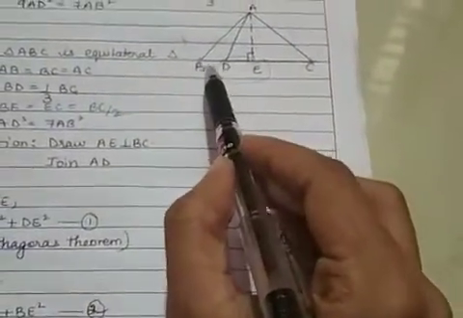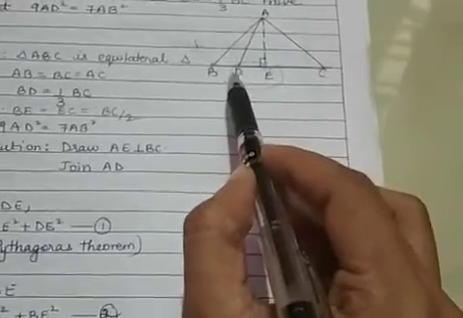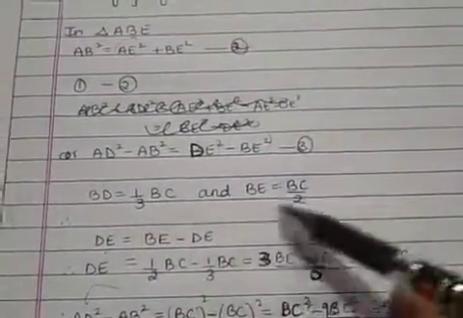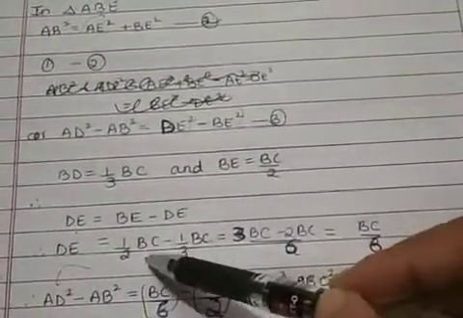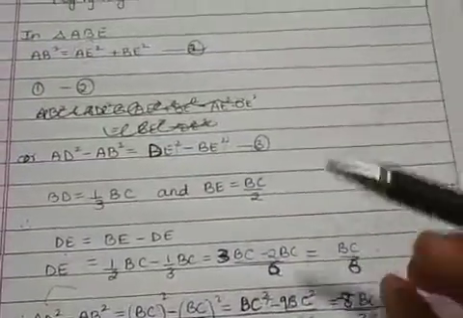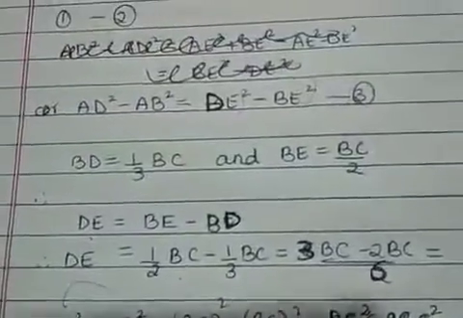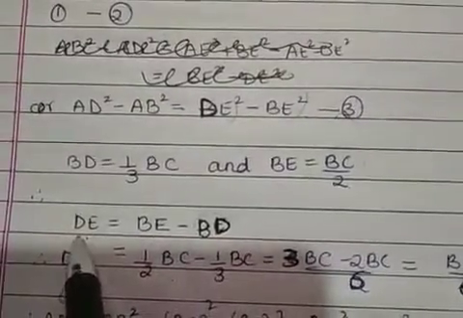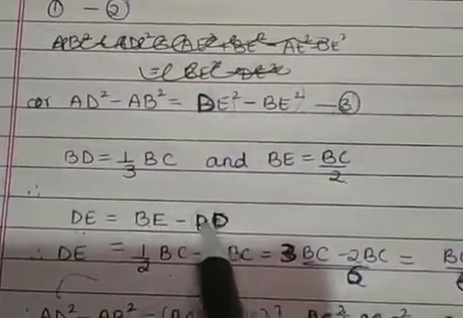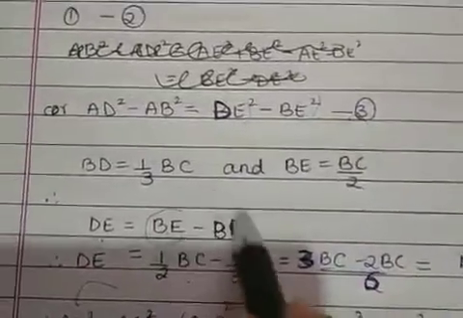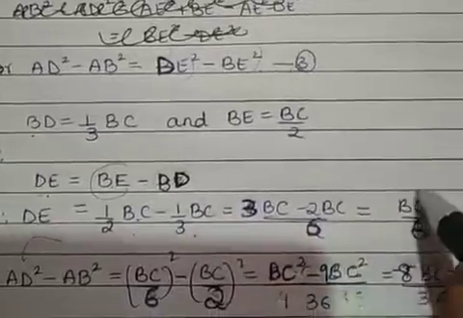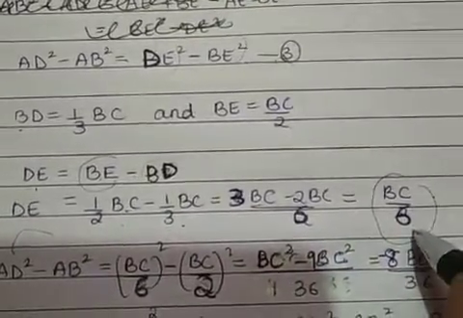BE is BC upon 2, and BD is 1/3 of BC. On simplifying, we get DE equal to BC upon 6.